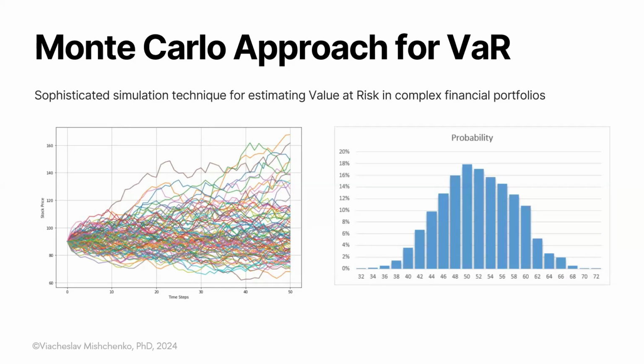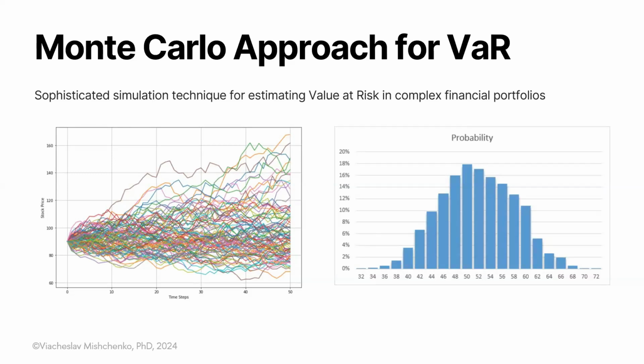This process works by simulating the random processes that govern market prices. For instance, we might model stock prices using geometric Brownian motion, interest rates using a mean reverting process, and exchange rates using jump diffusion models. So there are so many applications of this Monte Carlo simulation.